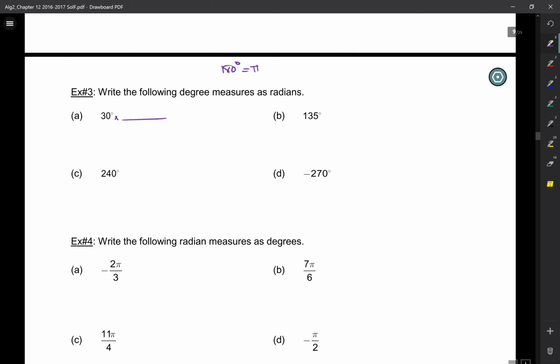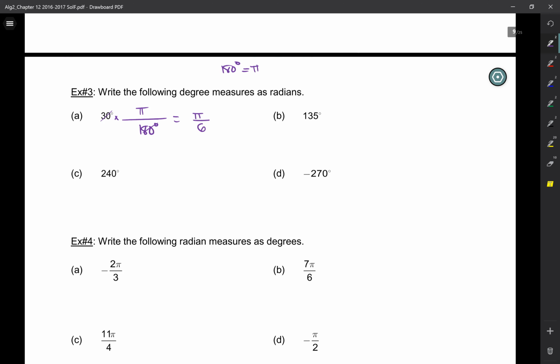That's all you're going to take with you. So look here. You have 30 degrees. Since the degrees is on top, it must go in the bottom here. And if 180 goes on the bottom, then pi has nowhere else to go but up here. All that's left for you to do is to simplify, and you get pi over 6.